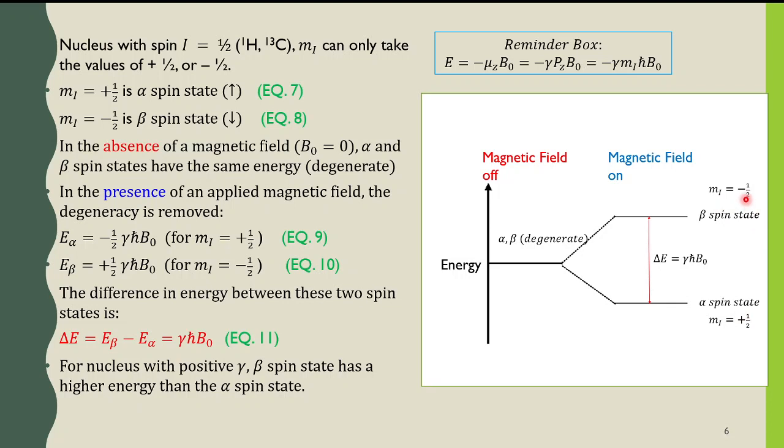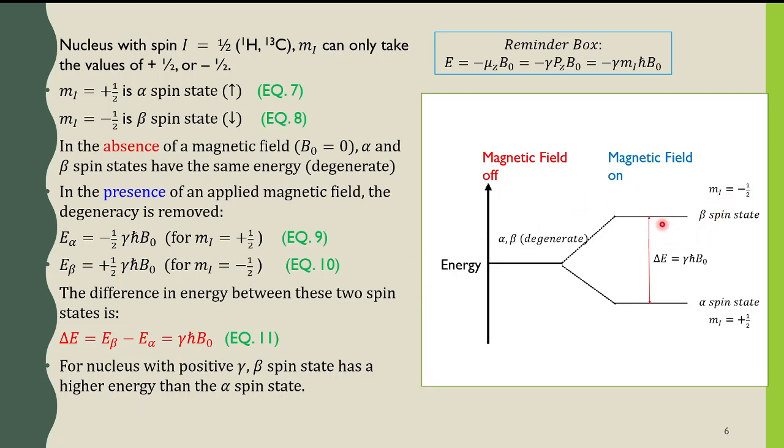Okay, if you plug that into the energy equation, this energy is then equivalent to minus half gamma h bar B naught, as you can see here from equation 9. And the energy value for the beta spin state is going to be this.